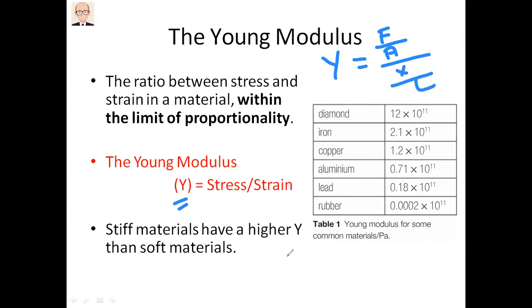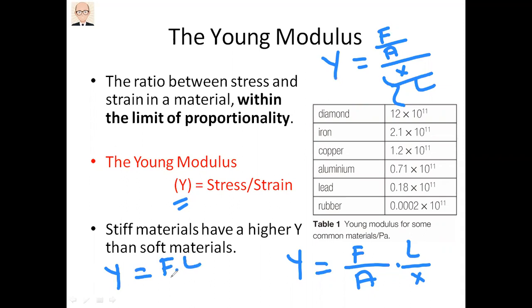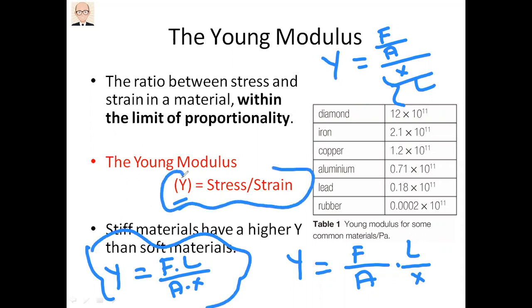If we turn the second one upside down, Y is equal to F over A times L over X. So we can write the Young modulus as F times L divided by A times X. We can use this equation or this one; both of them could be used in questions.